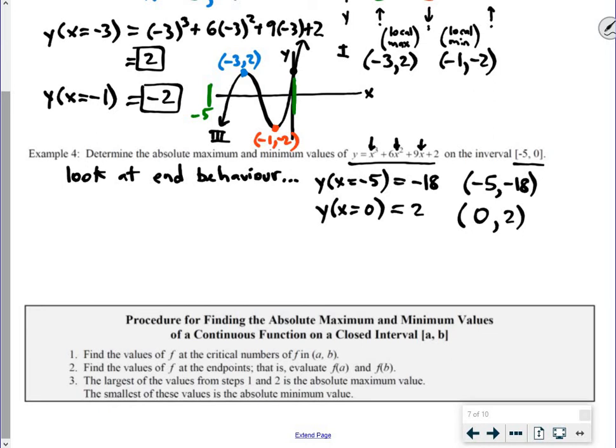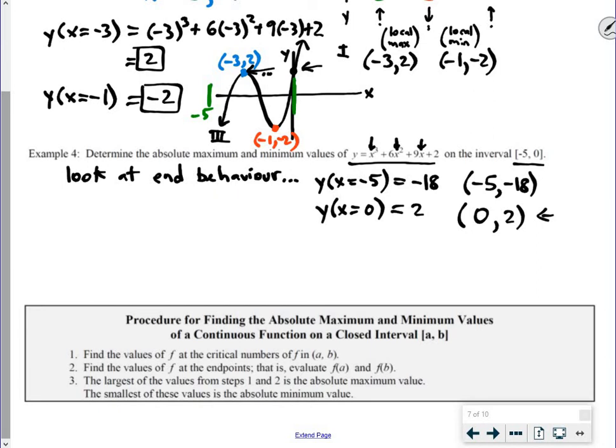Okay, (0, 2) matches that other maximum, so (0, 2) would happen there, and then we have (-3, 2) as well.